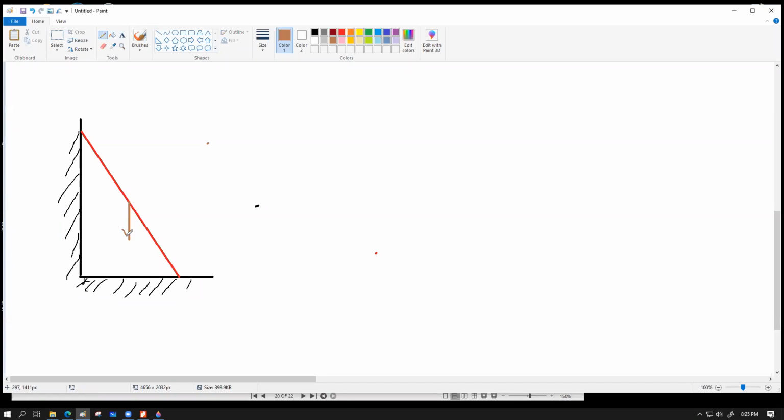Now, what I really want you to understand and appreciate is that because of the weight, the ladder is necessarily going to try to fall down. Now, if the ladder has to fall down, how would this end move and how would this end move? Try to answer that question. In which direction would the base try to move, or in which direction is the top end going to move?